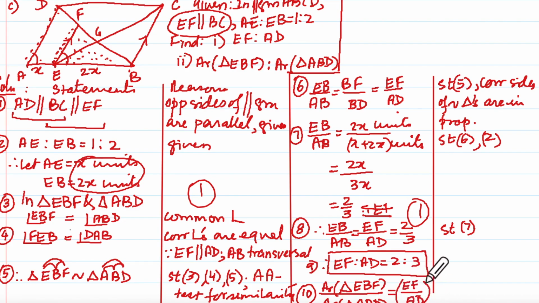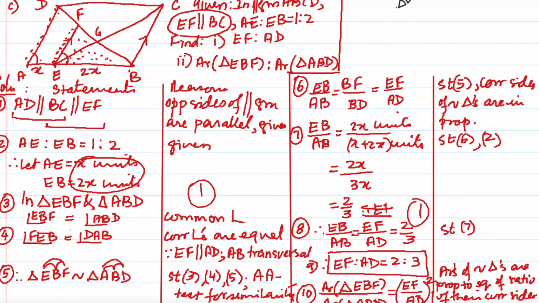Make sure your D does not look like O. And what is the reason over here? Areas of similar triangles are proportional to squares of the ratio of their corresponding sides. I hope all of you remember that.